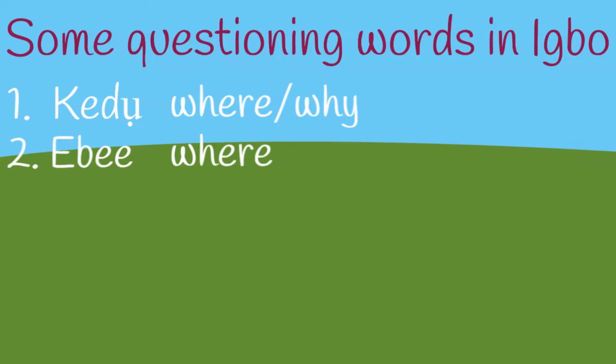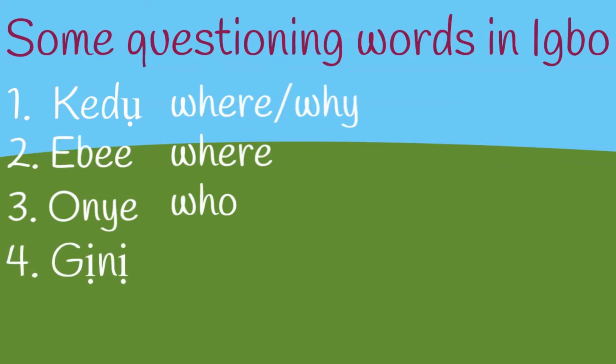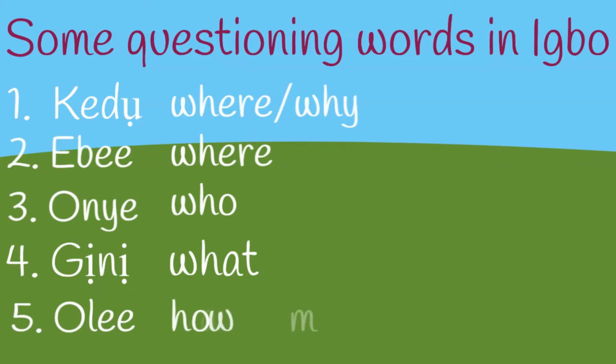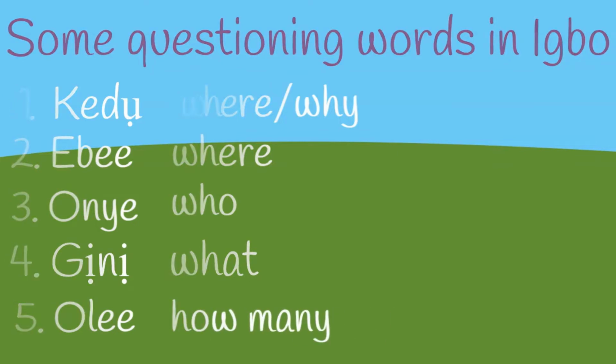You can also use ebe for where. Ebe ka ị na-aga. Where are you going? Onye, who. Gịnị is what. Then ole, how many.